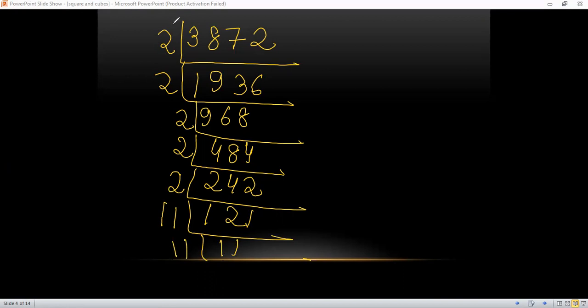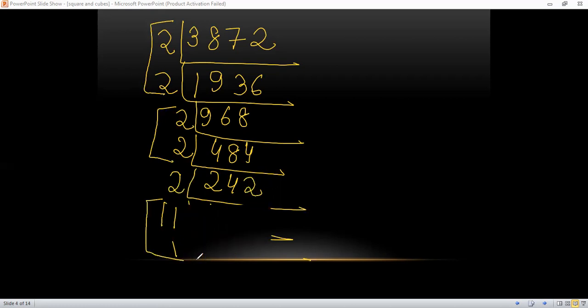Now we will make pairs of the factors. Here we get the pairs. But for this factor, we couldn't find a pair.